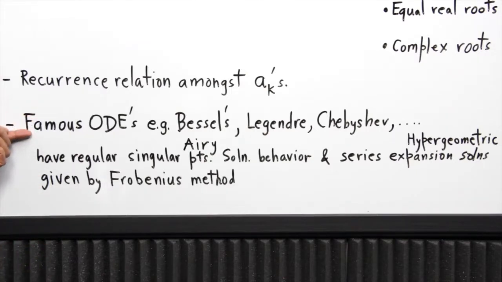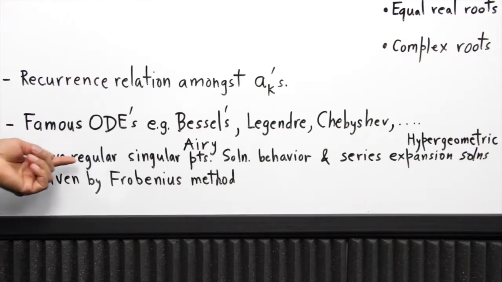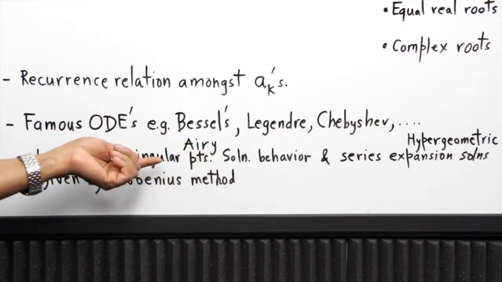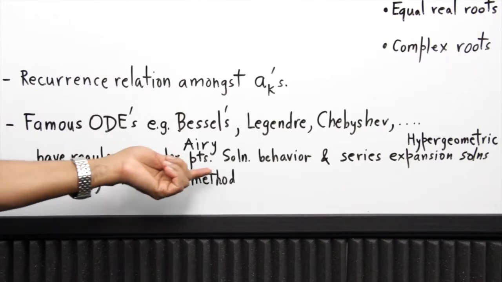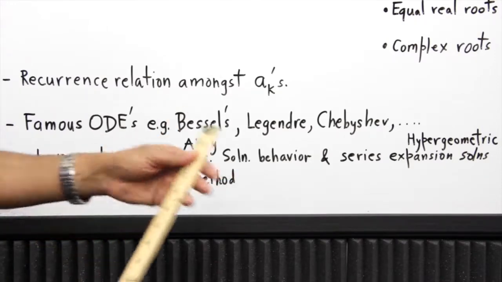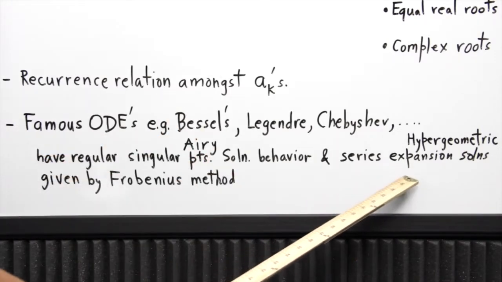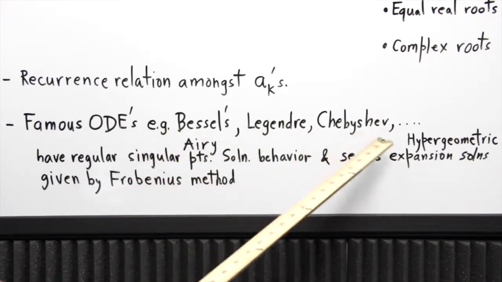They are all of the form that we have talked about, and this method that we have just described, called the Frobenius method, allows us to find the behavior of these solutions. These equations all have regular singular points, and so this method applies, and we can find series expansion solutions for all of these cases and so on.